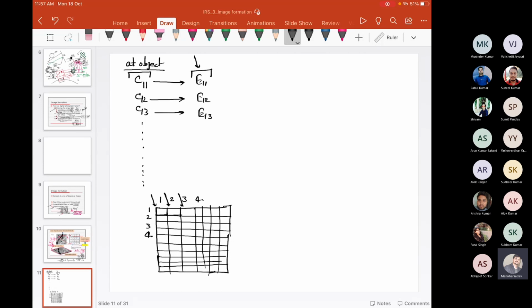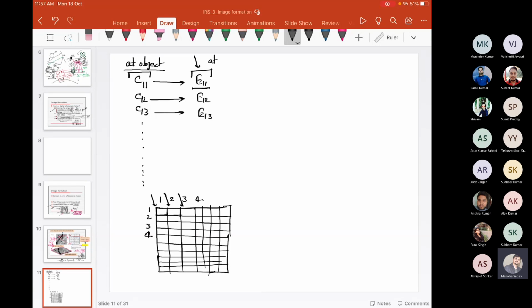The total upwelling radiance that is going out of C11 goes through the medium, but finally at the sensor, the energy from the cell as well as some scatter from the atmosphere is sensed, and the total energy E11 falls on the sensor.